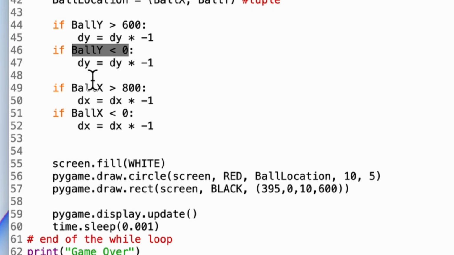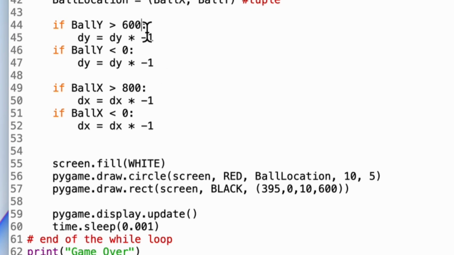Now, did you notice how in my natural language I said, well, we need to negate it if this or that? Now, the beauty of computer science is we do have the word or in here, and I can do that.